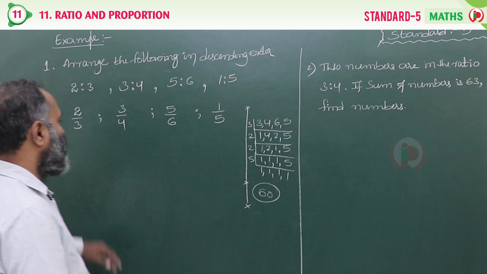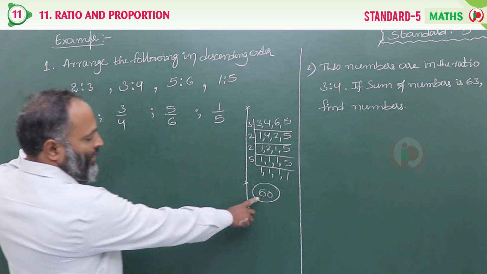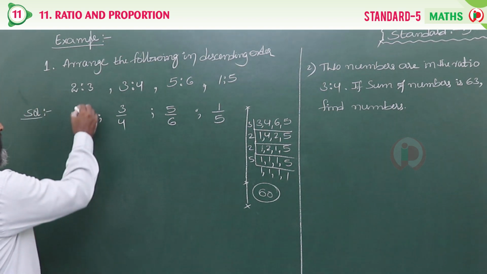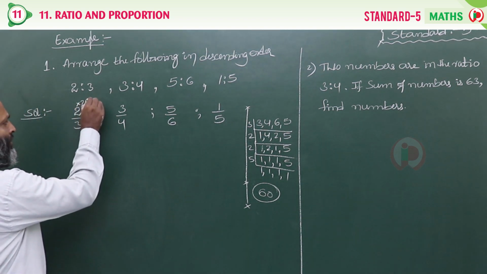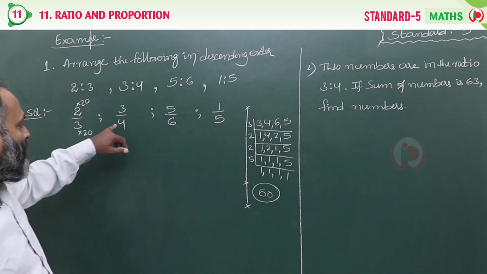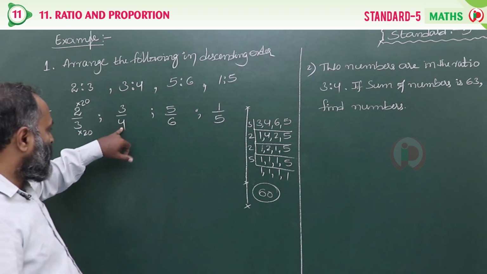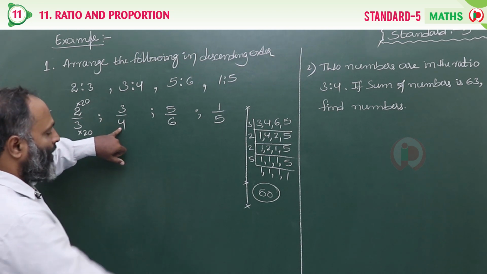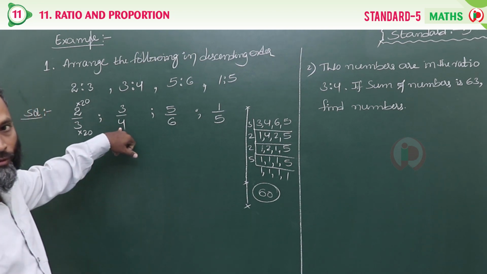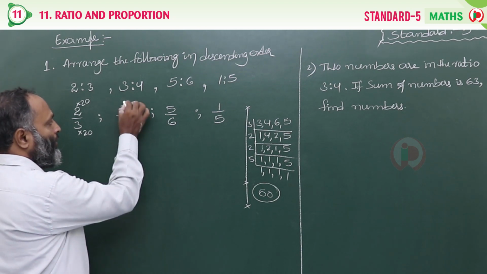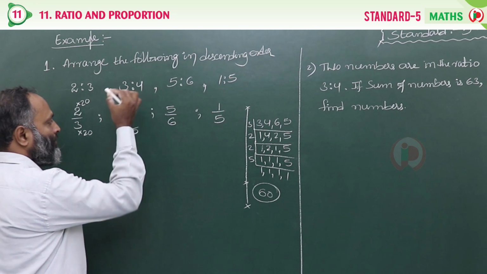After getting the LCM, now check in the 3 table when you will get 60: 3 20s are 60. So multiply numerator and denominator with 20. Now the second fraction, denominator 4. In the 4 table, 4 15s are 60, so multiply numerator and denominator with 15.